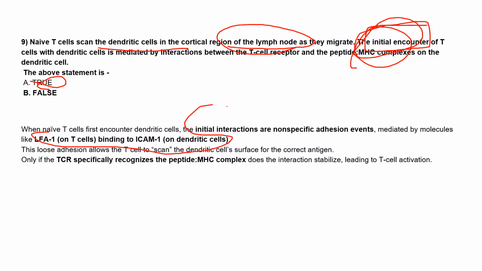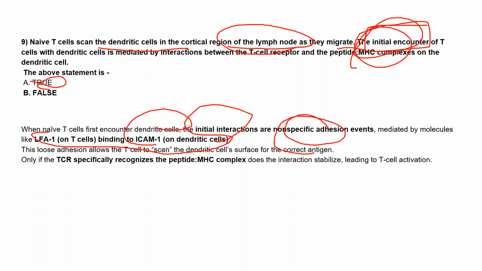This is the first initial encounter where we know the T cell will recognize the peptide, but before that, when the naive T cell first encounters the dendritic cell, the initial interactions are very non-specific adhesion events.